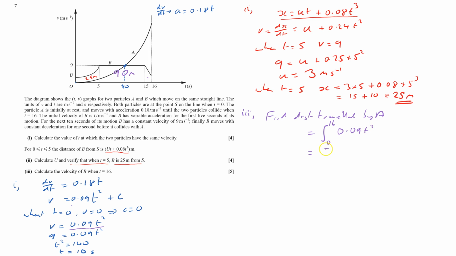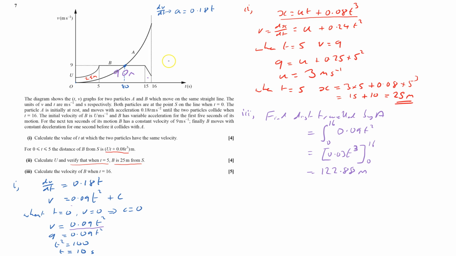So that will equal, it's got to be t cubed, and it'll be 0.03t cubed between 0 and 16, and that will equal, put 16 in, which would give me 122.88 meters, minus putting 0, so minus nothing, so it just equals 122.88 meters.